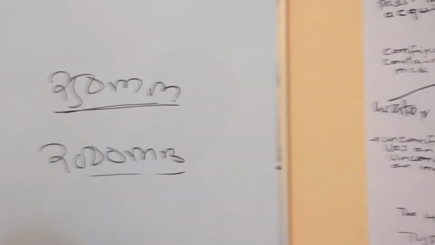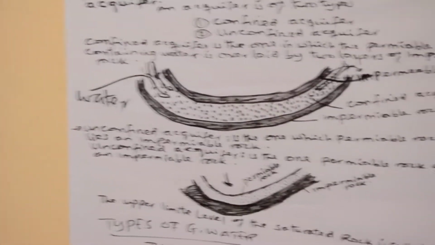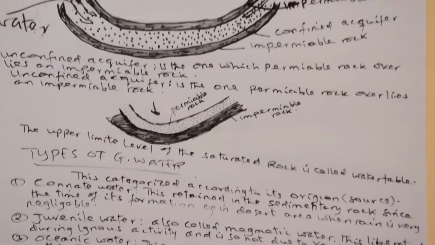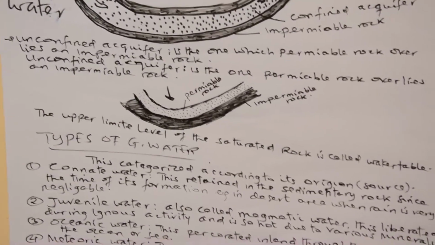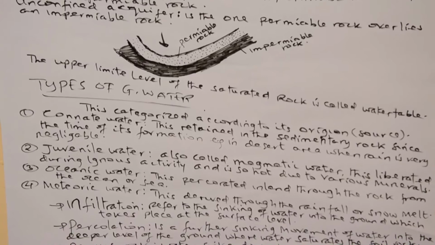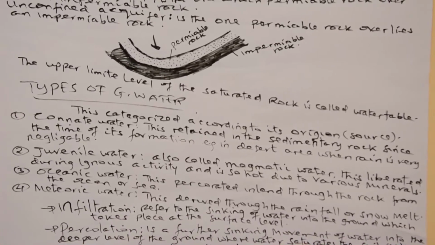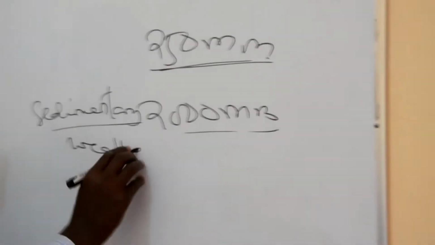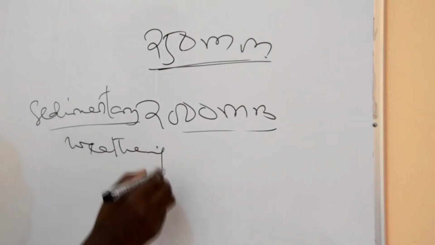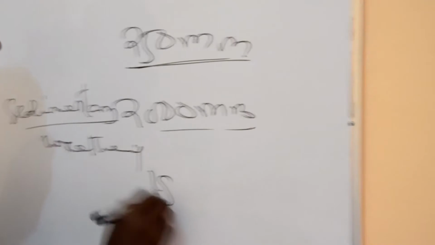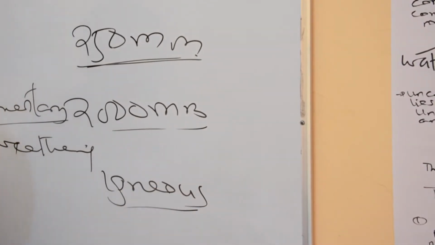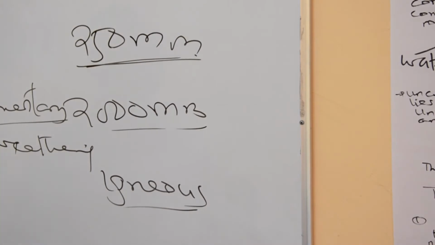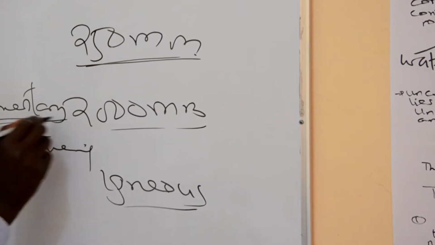But remember, this kind of groundwater takes place in sedimentary areas. Sedimentary rock is not stable, or its mineralization has been destroyed through weathering, because sedimentary rock comes after the changes of igneous rock. Therefore, this water mostly occurs in desert areas where the nature of the rock is sedimentary.